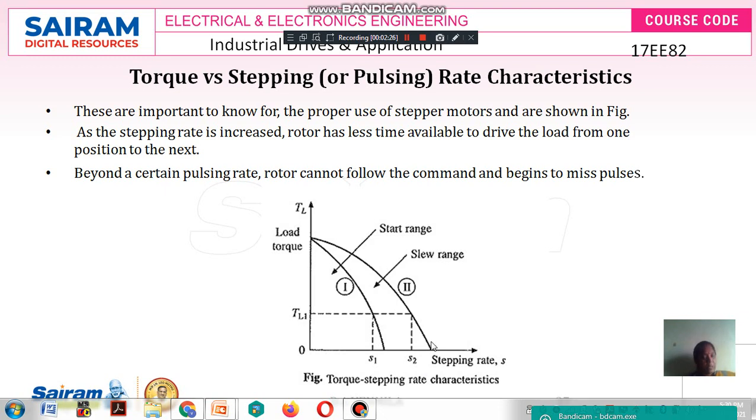If the load torque and the pulsing rate, or stepping rate, are such that the point of operation lies inside this curve, curve 1, then the motor can start and synchronize without missing a pulse.